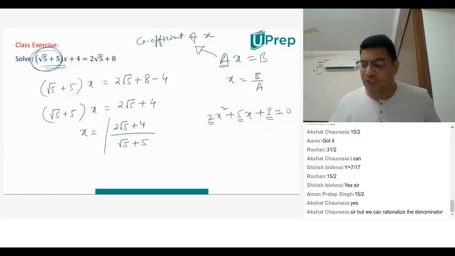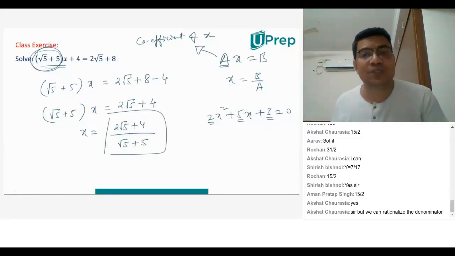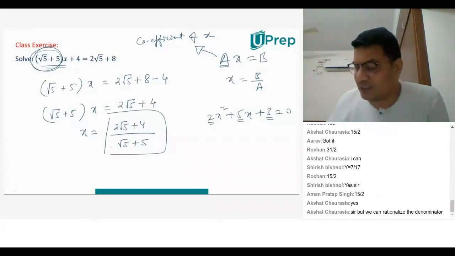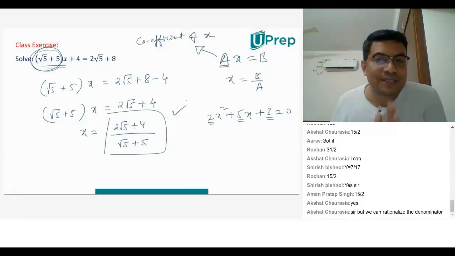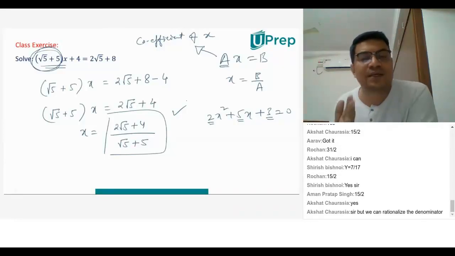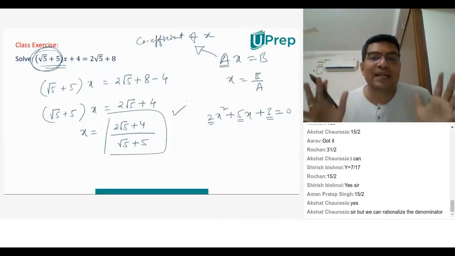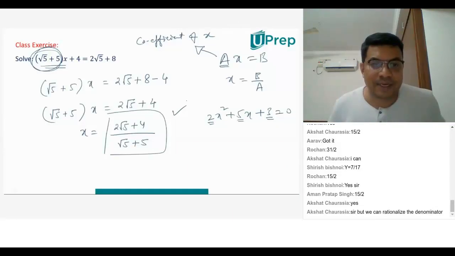If you want to simplify this further, yes, you need to rationalize the denominator. But as of now, we need not do that. I'm okay with this answer. This is the answer, right? So rationalization of irrational numbers is not a part of this particular situation. So I just want you to learn how do you separate x and get the value of x. Does that make sense to you, Akshat?